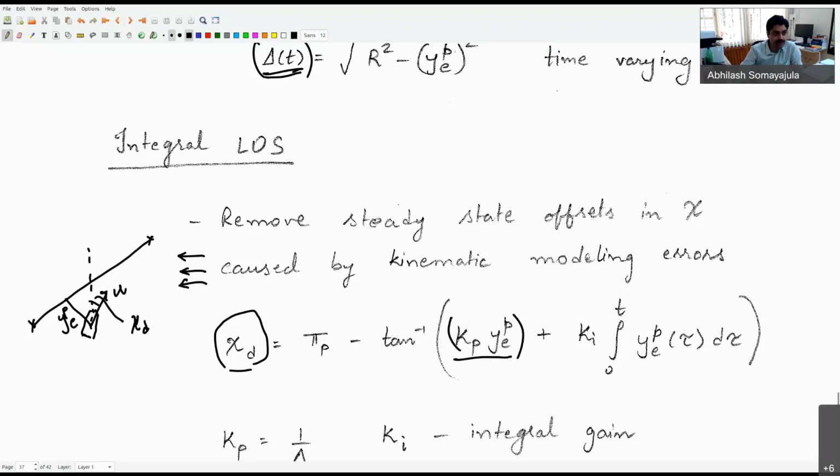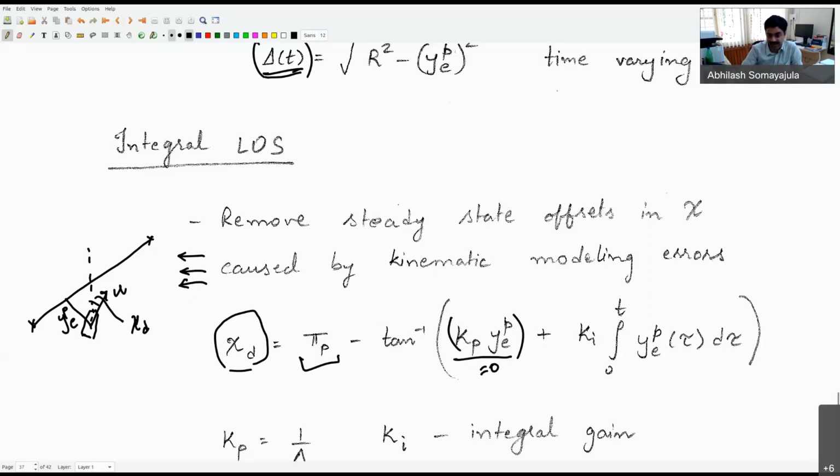Now what happens when Y_pe is 0, which means that the vehicle is actually on the path between the two waypoints? The course angle will be directed straight along the path, right? The desired course angle will simply approach chi_p because this term will go to 0.